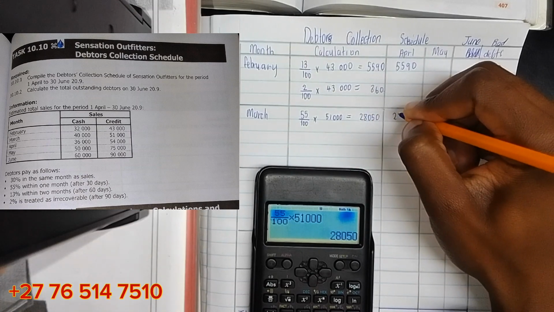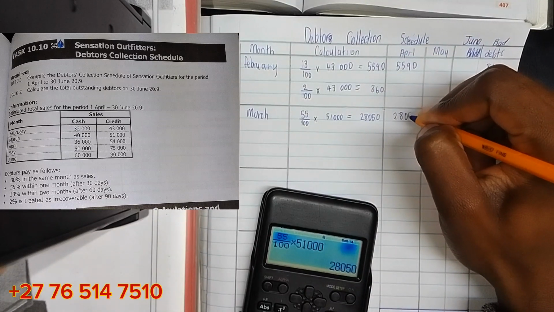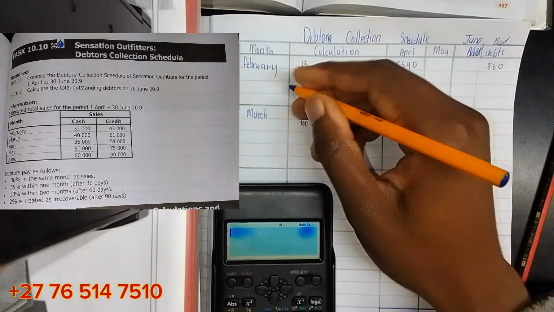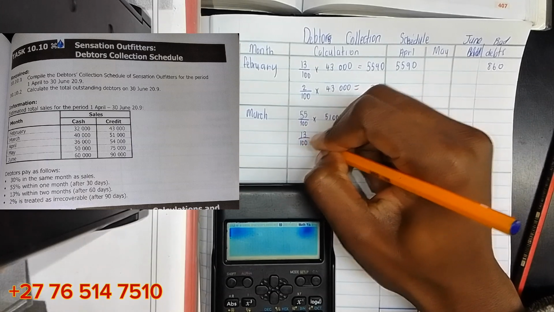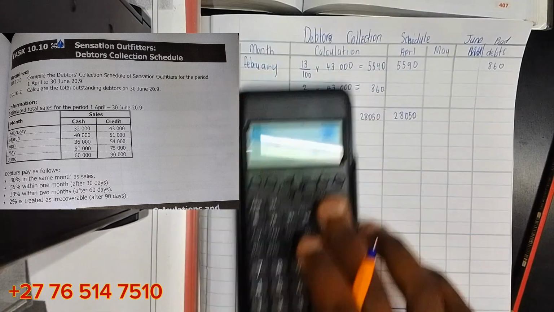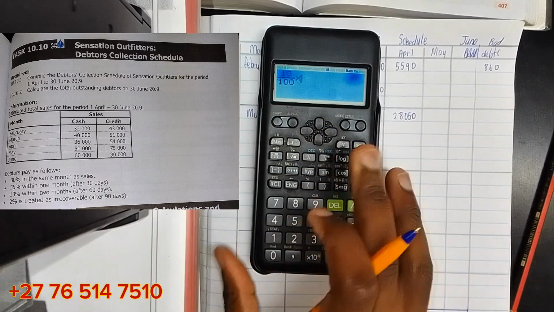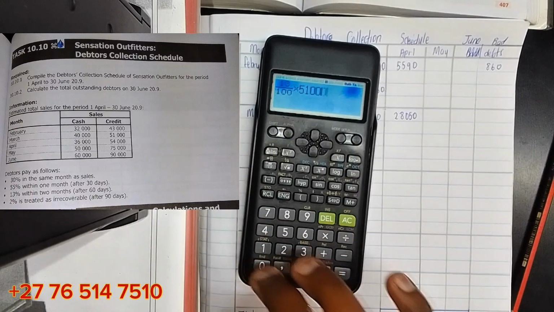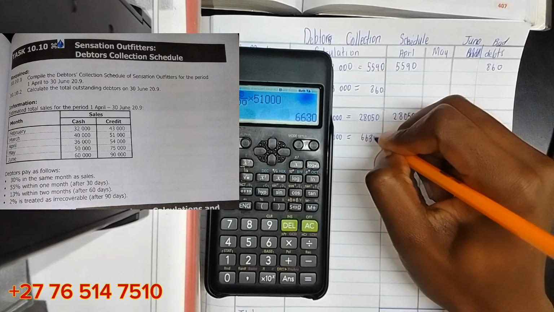This is where we record the 28,050. Now we're going to calculate the 13%. 13 over 100 times the 51,000 is 6,630.